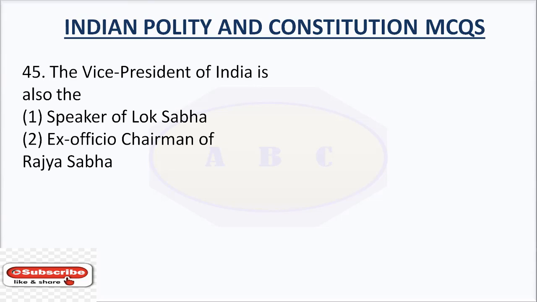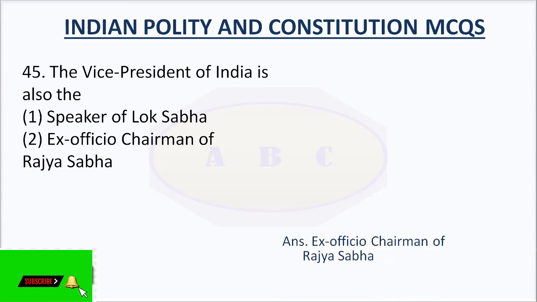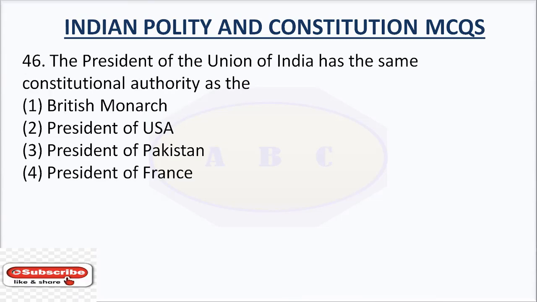Question number 45. The Vice President of India is also the: option number 1, Speaker of Lok Sabha; option number 2, ex-officio Chairman of Rajya Sabha. The right answer is ex-officio Chairman of Rajya Sabha.